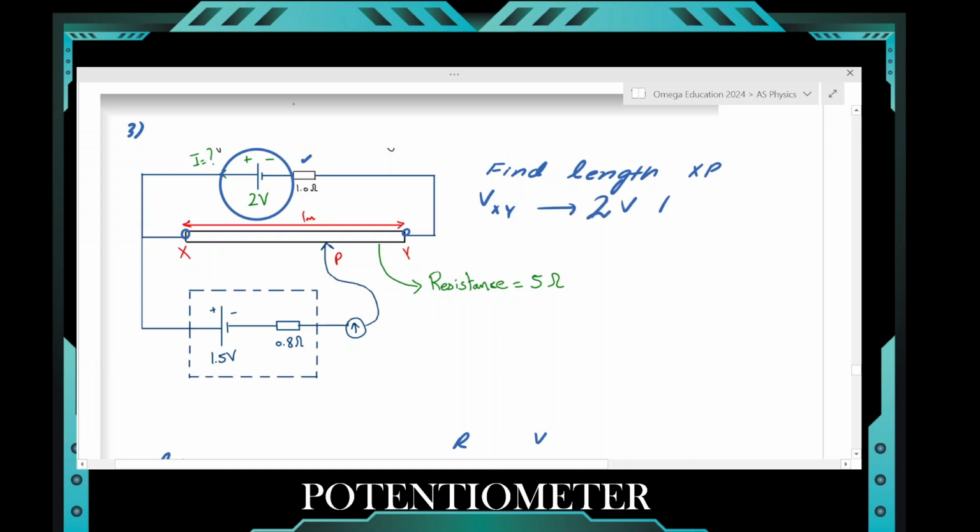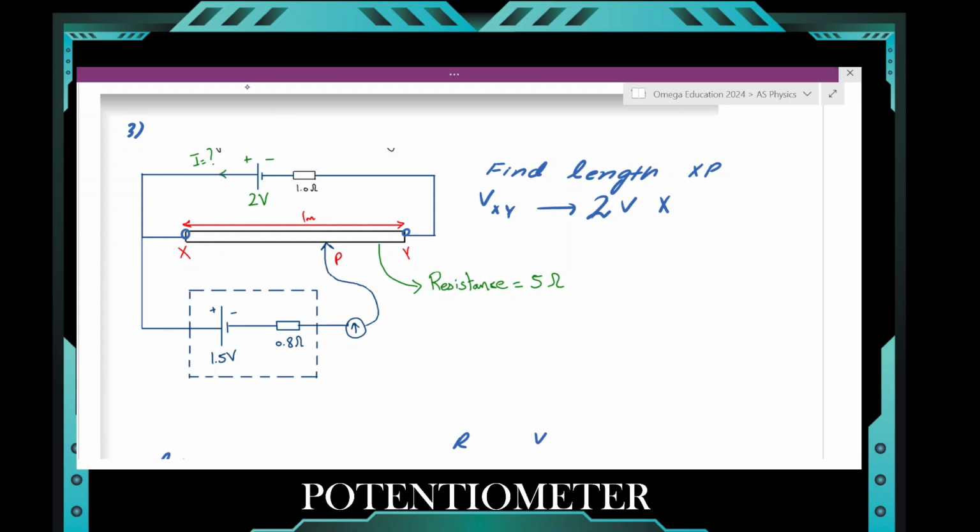The potential difference between X and Y would no longer be 2 volts. And in fact, you cannot say there is no voltage drop across this resistance, because there would be.